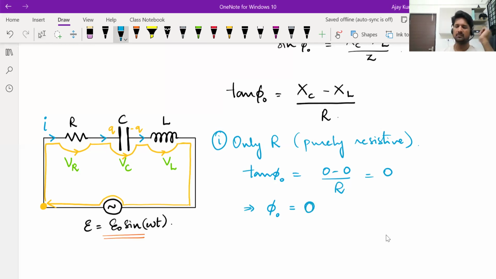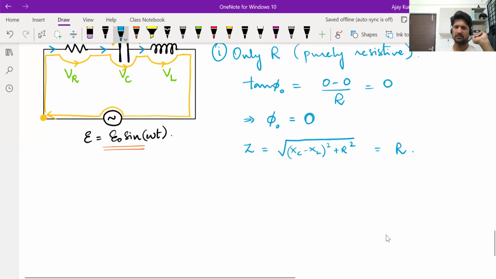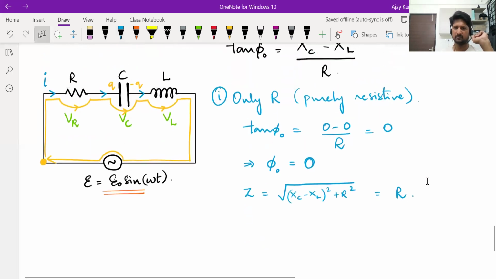So the phase constant becomes 0. And Z, you know, is under root XC minus XL whole square plus R square, right? If XC and XL are both zeros, this becomes equal to R itself. That is what happens if the circuit is purely resistive, if only resistance is present.